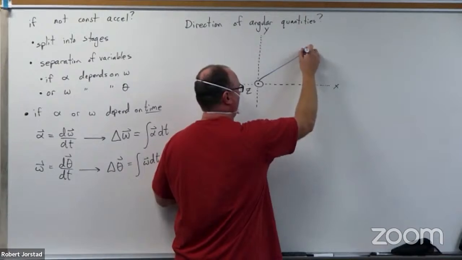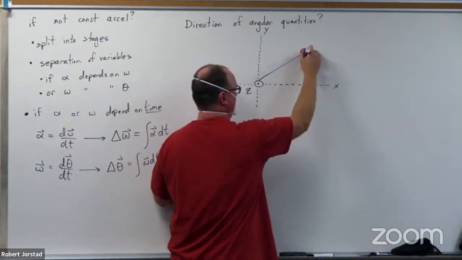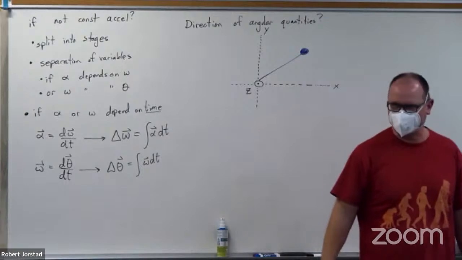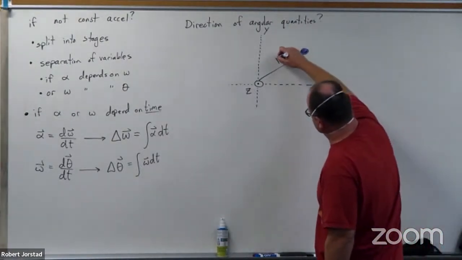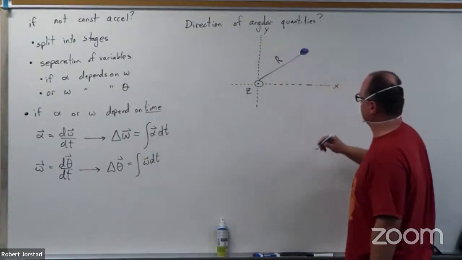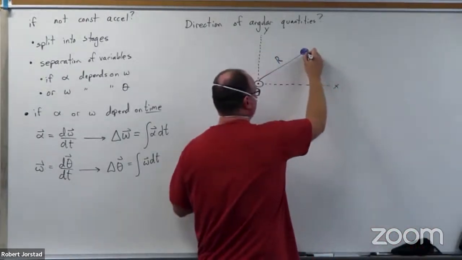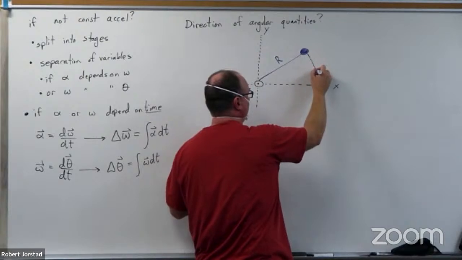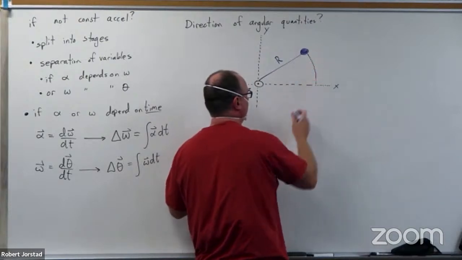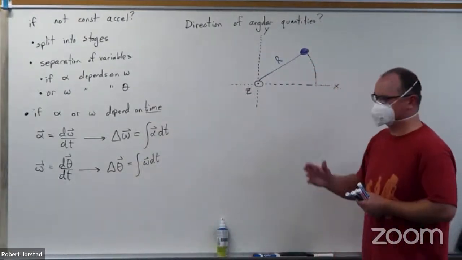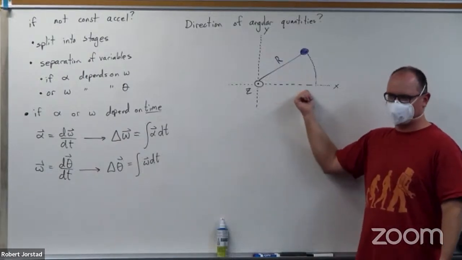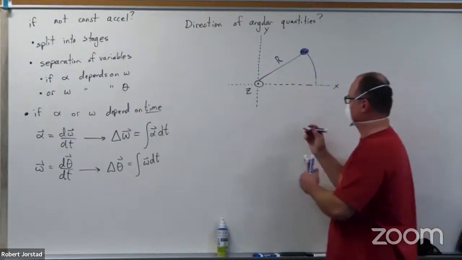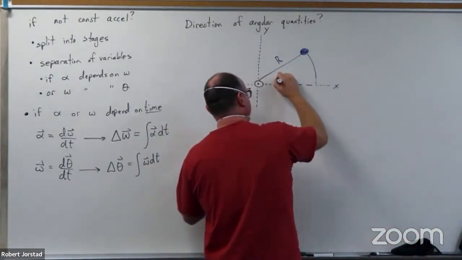Let's say we have our ball on a string here or something like that, or a rod rotating. I think most of you would have no trouble saying that's the radius of the circular motion. Most of us, the default in a math class is to measure angles from the x-axis. So let's say that this is theta.